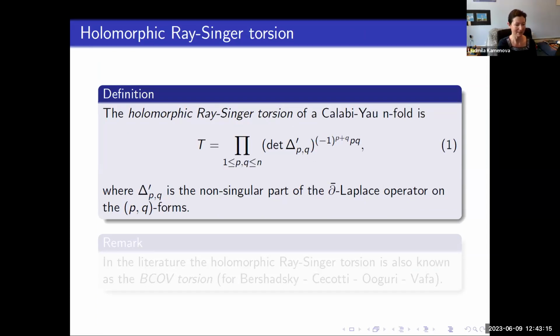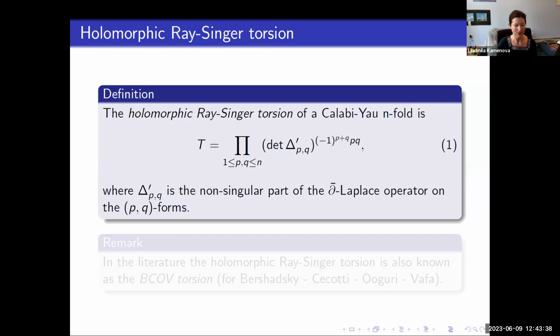This was introduced a long time ago in the physics literature. You have the holomorphic Ray-Singer torsion of a Calabi-Yau n-fold. Basically, this is a smooth function on the Calabi-Yau moduli space.